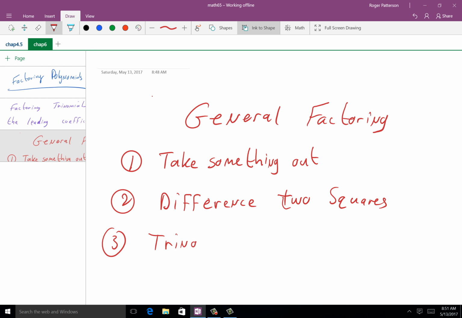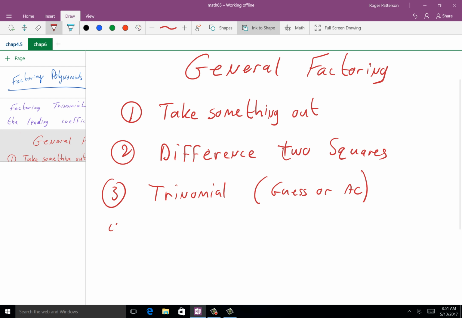Trinomial: says either guess or AC, or grouping. So there's our factoring methods, correct?